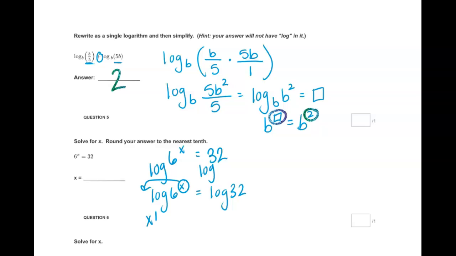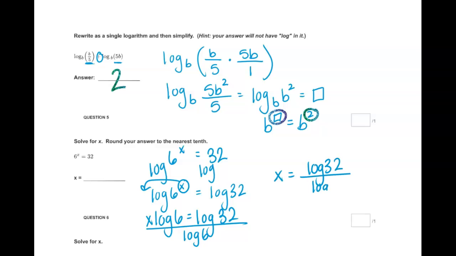Now this is x log 6 equals log 32. And now if I divide both sides by log 6, I can get x by itself. So x is log 32 over log 6. In our calculator, make sure you use parentheses or the calculator will get confused.